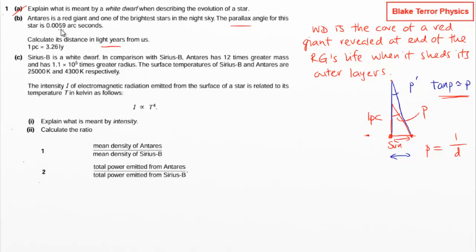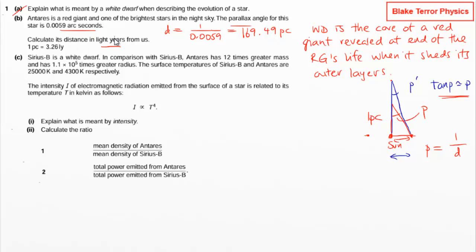We've been given the angle in arc seconds. So if we want the distance in parsecs, our distance is going to be 1 divided by 0.0059. That is going to give us the distance in parsecs, which comes out at nearly 170, 169.49 parsecs.